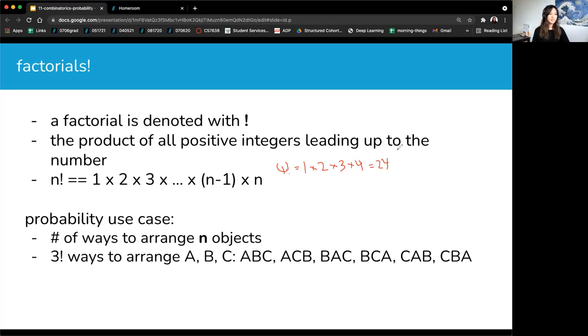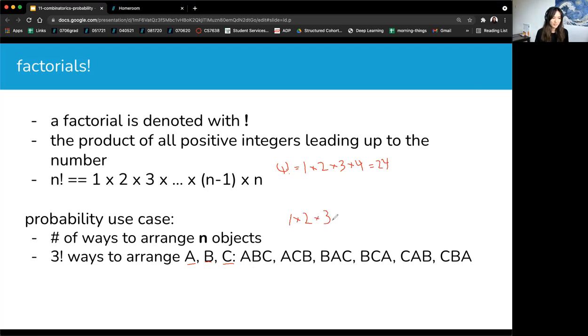Probability use case: if you want to find the number of ways to arrange a certain number of objects, you find the factorial. So if I have the letters A, B, and C, and you want to think of how many unique ways can I arrange the letters A, B, and C, it evaluates out to 3 factorial because there are 3 unique letters. 1 times 2 times 3 is 6.